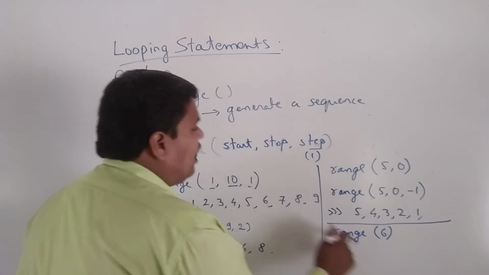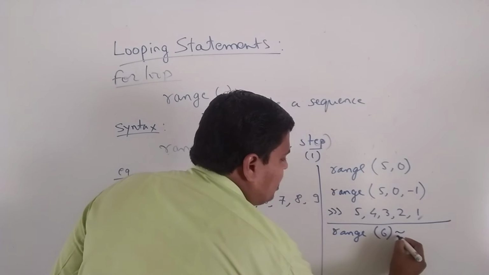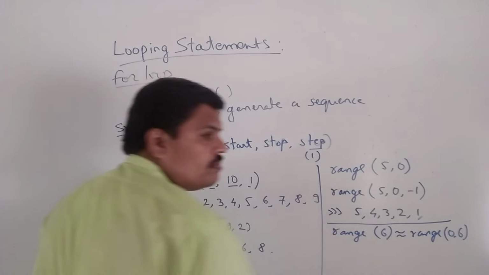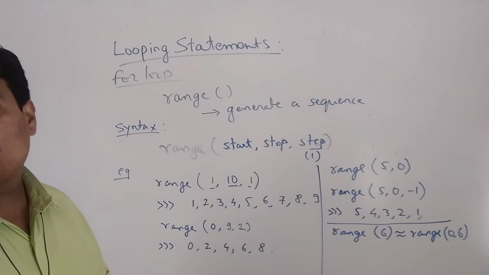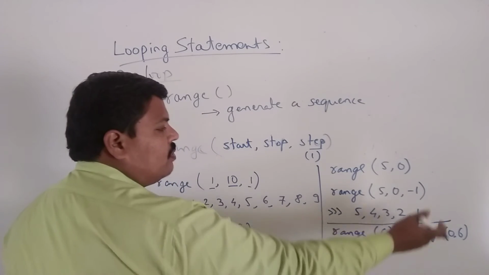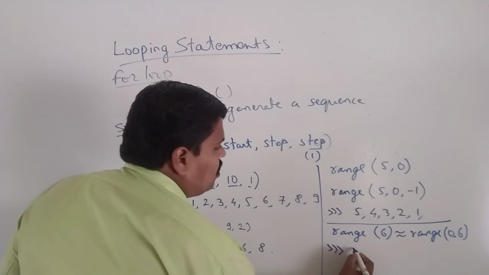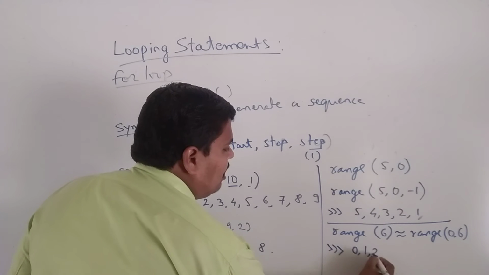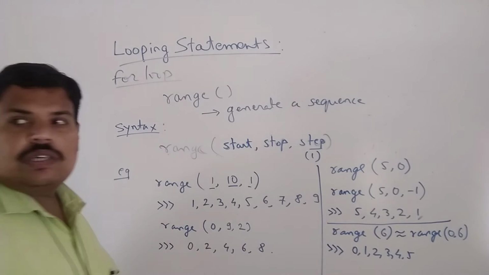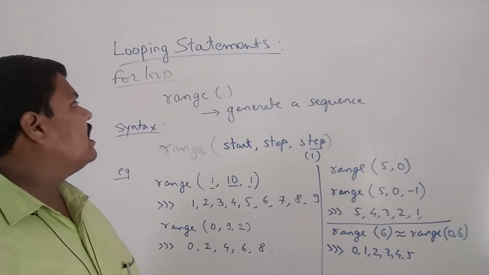The default value for start is 0. So this is equal to range 0 to 6. If we know this meaning, we can get the output. We also know the default value of step. What is that? That is 1. So we will have the values 0 1 2 3 4 5. Got this?